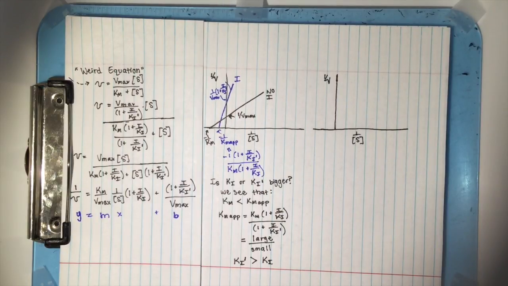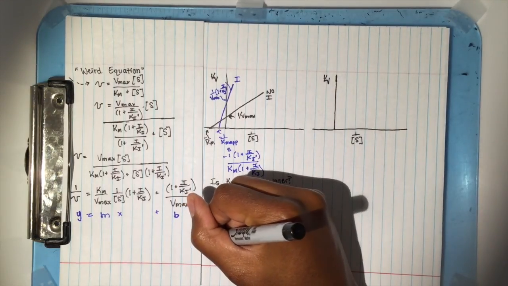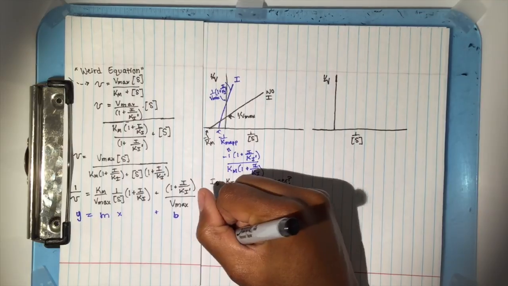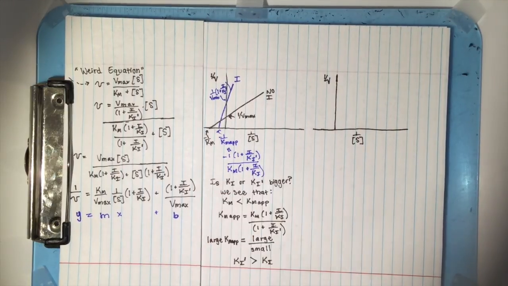Because if Ki prime is really big, the denominator is small, and when Ki is small, the numerator is really large. So overall, the effect is a large Kmap, which is what we see in the graph.